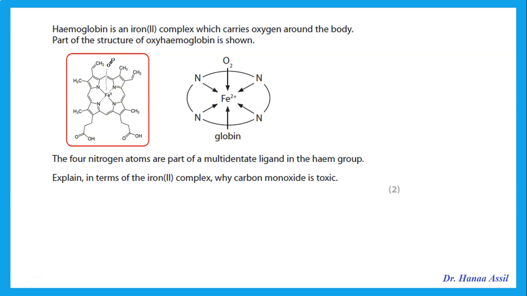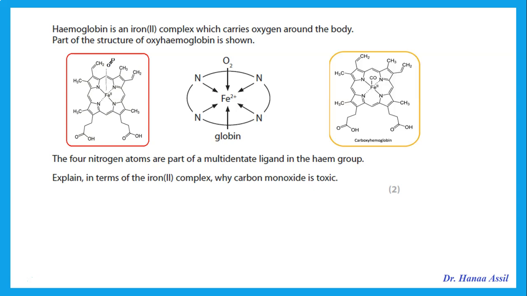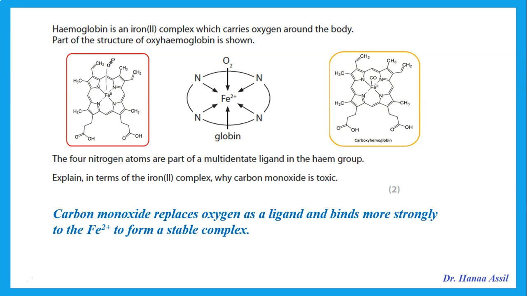Explain in terms of iron 2 why carbon monoxide is toxic. Hemoglobin carries oxygen to body cells. The oxygen forms a dative bond with iron 2 plus. But if there is carbon monoxide in the blood, then it is the carbon monoxide that forms a dative bond with the iron 2 plus in the hemoglobin. This forms carboxyhemoglobin.